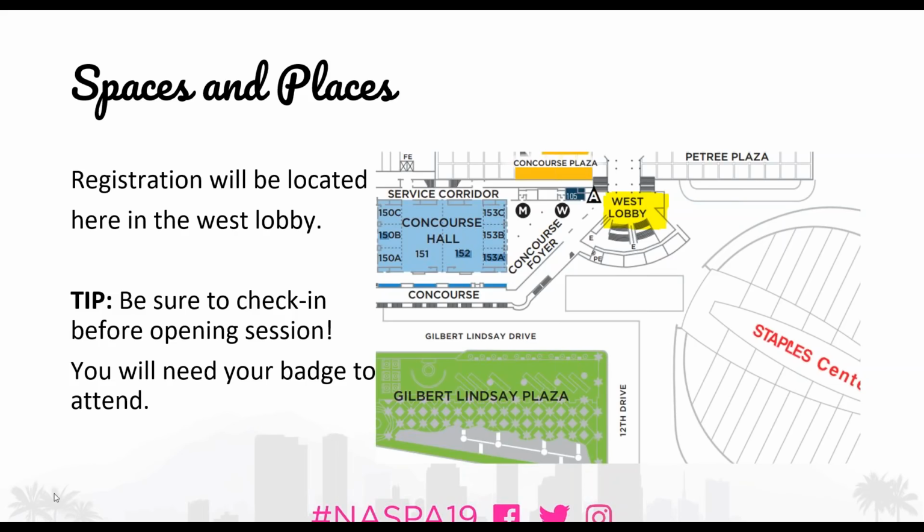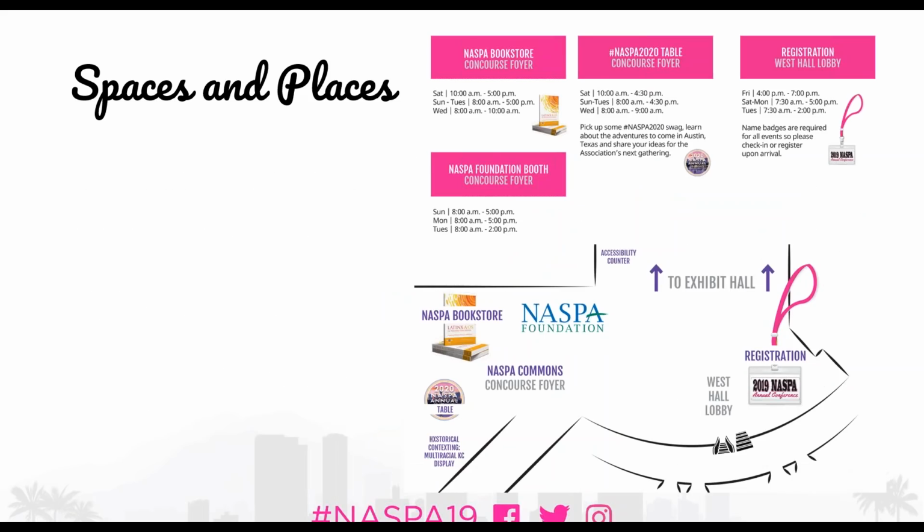Within this West Lobby and Concourse Foyer area, though, there's a lot of engagement going on. And this is, again, the first stop that we want you to go to. And you can see the times. Registration, so once you walk in, there's our exhibit hall, we have an accessibility counter. But within this NASPA Commons or Concourse Foyer, there's a lot of different ways to get involved. Penny, in a little bit, we'll talk about the bookstore and a couple of the book signings that are happening and how you can have that information.